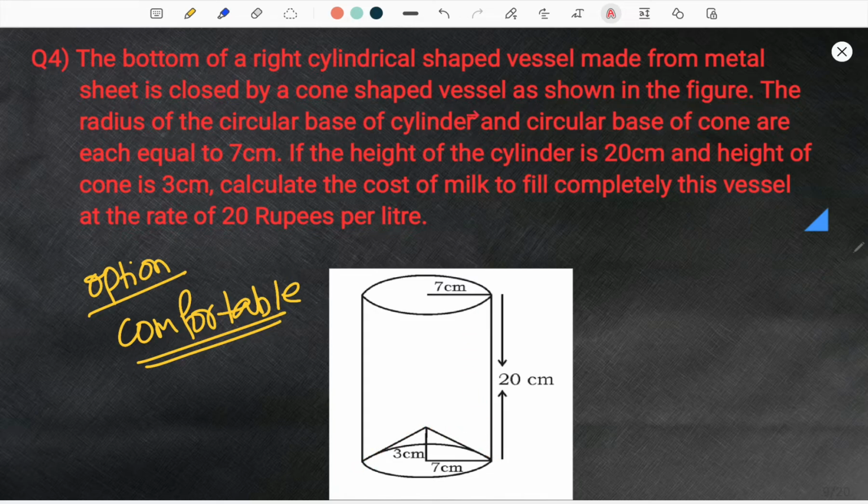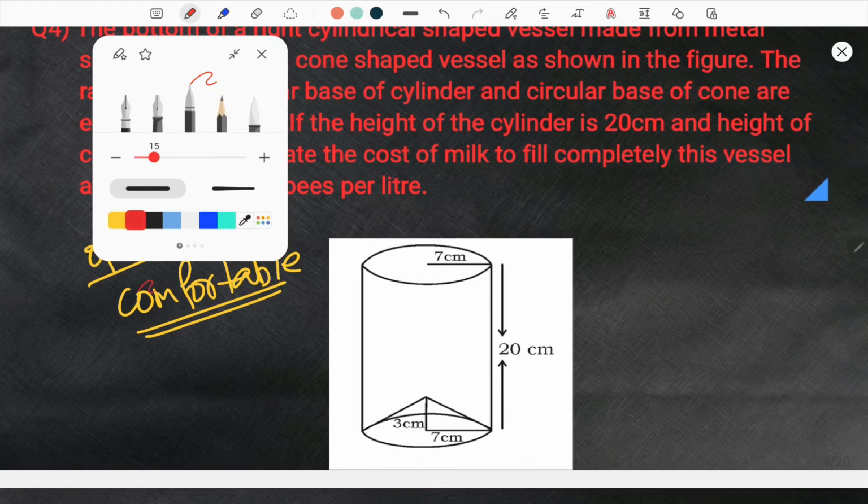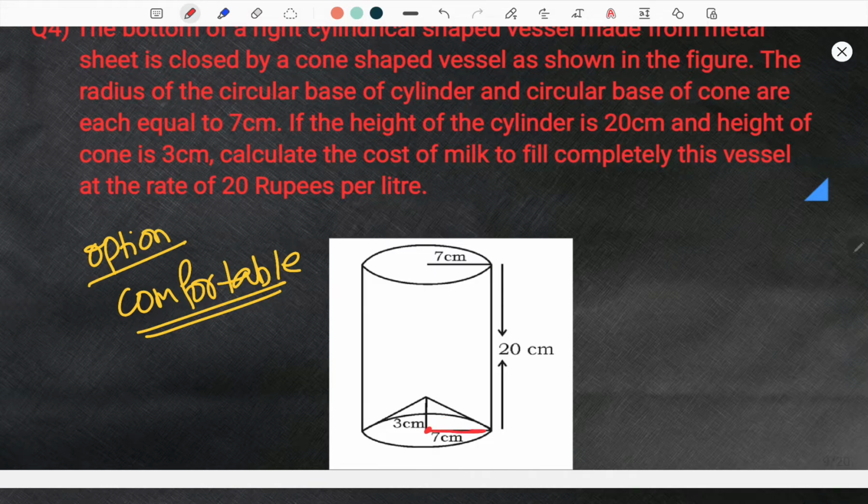The radius of the circular base of the cylinder and circular base of the cone are each equal to 7 centimeter. That means both the radii are same. So we can take this radius to be 7 centimeter for both the things.